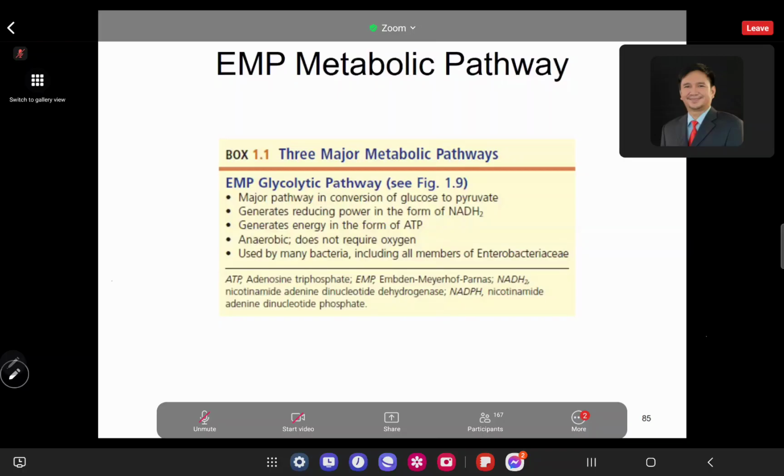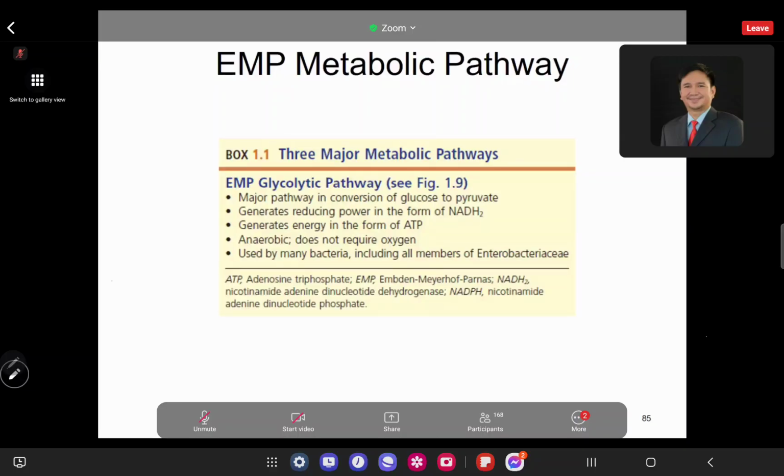Next, let's delve into your Embden-Meyerhof-Parnas metabolic pathway. It's a major pathway in the conversion of glucose to pyruvate. Here's what makes it significant. It's the primary pathway for glucose metabolism, generating pyruvate. It produces reducing power in the form of NADH, nicotinamide adenine dinucleotide, which is critical for other metabolic processes.